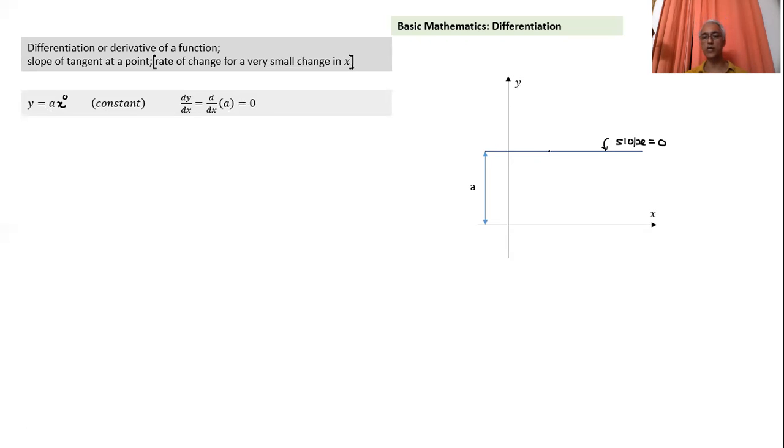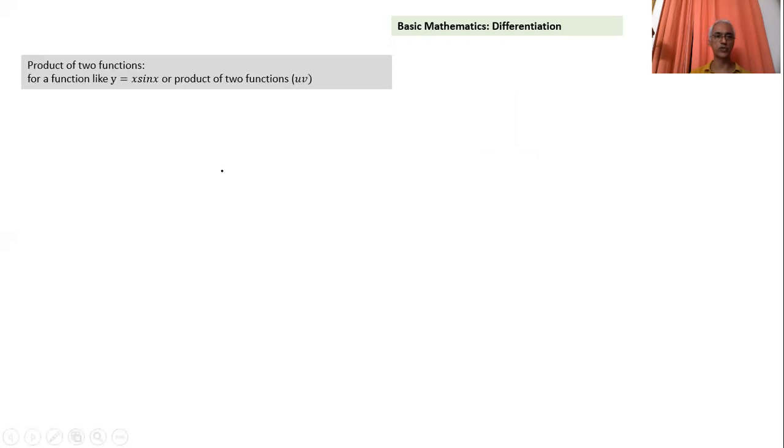So the rate of change is 0. So if y is equal to 5, at different values of x, the y value will remain 5, 5, 5. It will be a straight line parallel to the x-axis, and its derivative will be 0. The slope will be 0 at all points. A very simple point, but an important one to understand. Now let's find the derivative of the product of two functions.